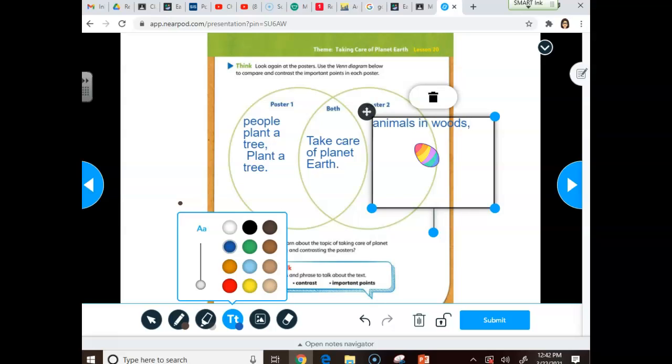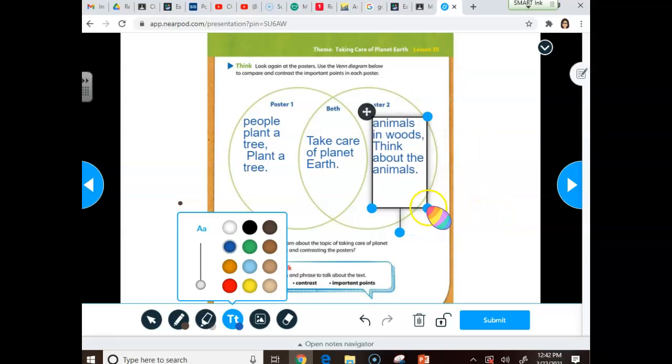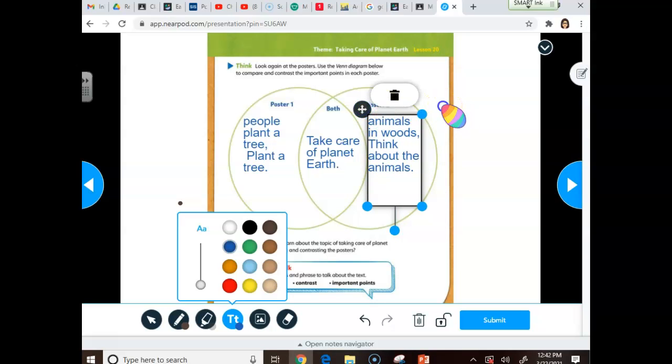And it tells us to think about the animals. That's what we should do to care for the earth.